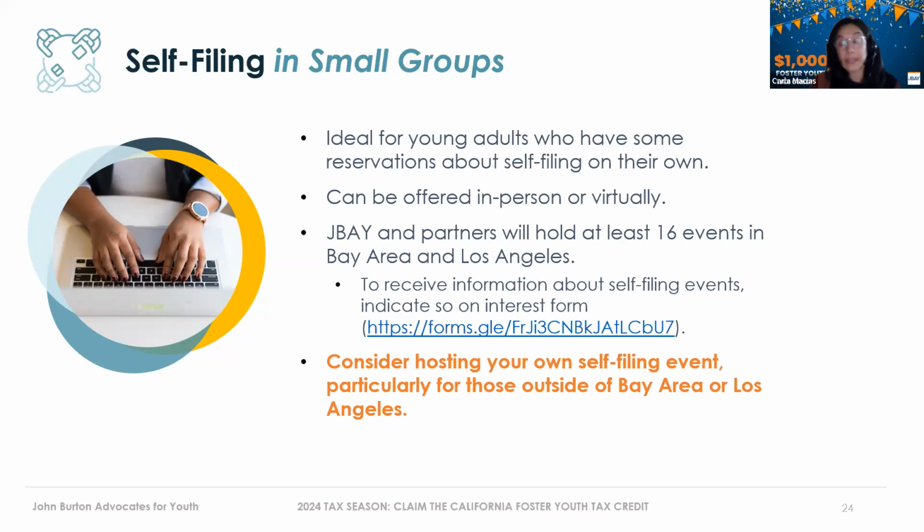Some of the VITA sites are starting to plan their calendars for the tax season, so you want to contact them as soon as possible to see if they are willing to come and host a self-filing event at your site. And like I said earlier, we can help connect you with that. All right, next slide.